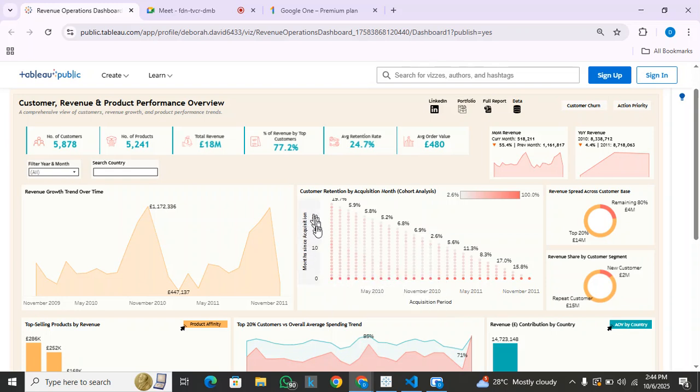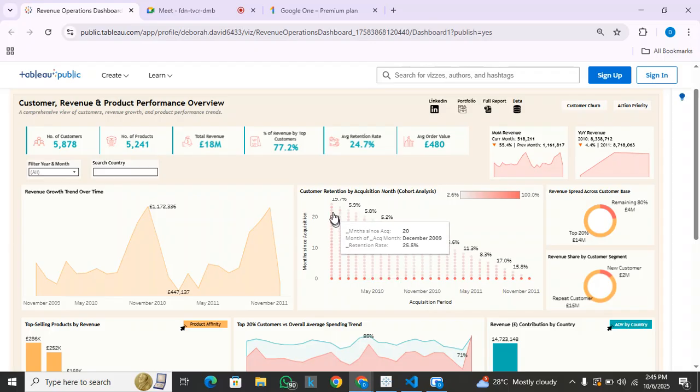So this y-axis shows us the number of months since acquisition. This is the acquisition month. These are the number of months after acquisition. So the darker the circle, the higher the retention rate, right?